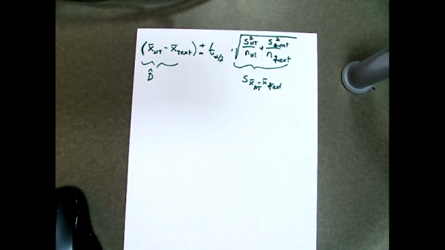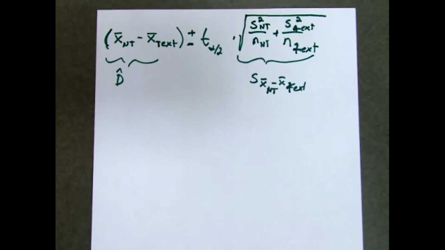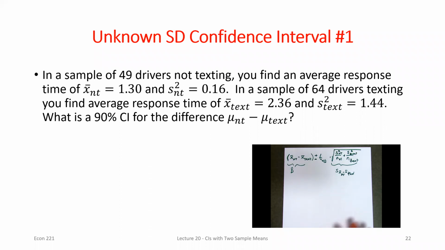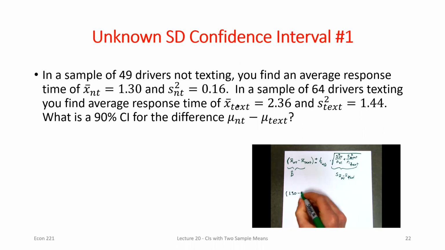So at this point, it's just going to be a matter of plugging in the values that I was given. If I leave this open here, we found what? Non-texters response time, there was 1.3. People who were texting, their average response time was 2.36.